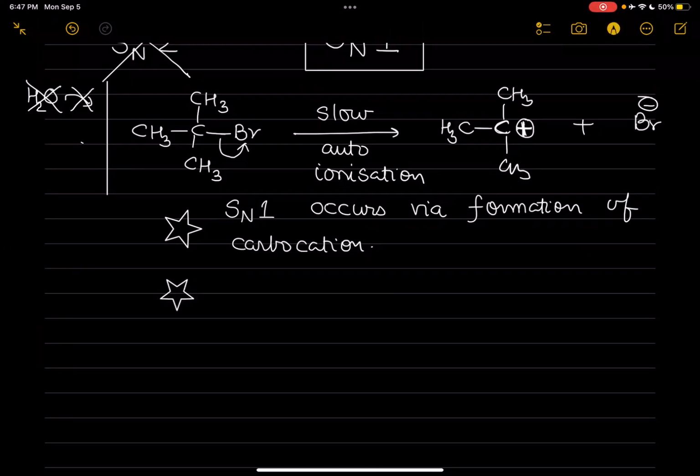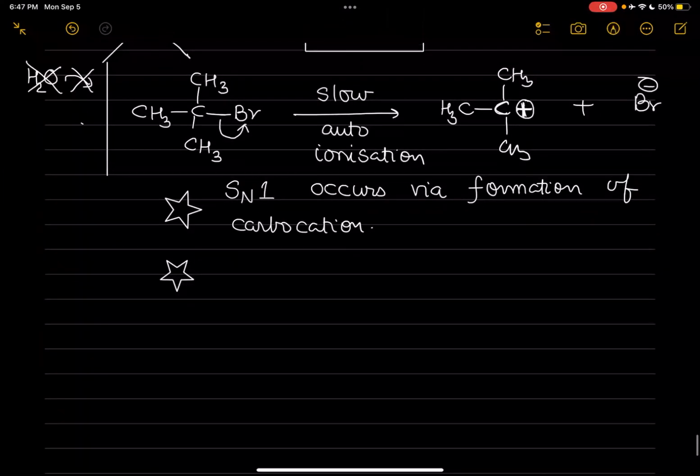So the other thing is the speed of SN1, how easily SN1 can happen, or whether it happens with difficulty. Speed, sir, it's slow, right? Is it slow or fast? Slow. Yeah, it can be slow, but sometimes it can be very fast.